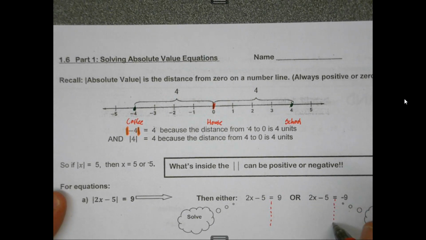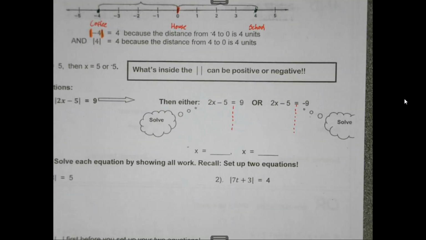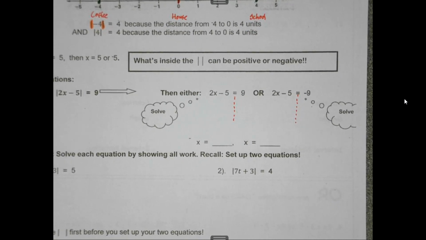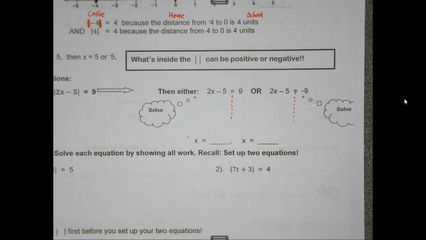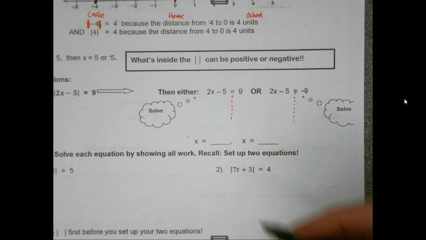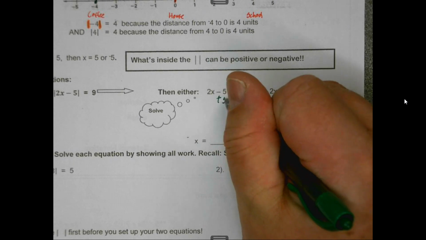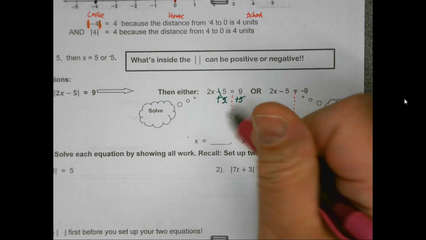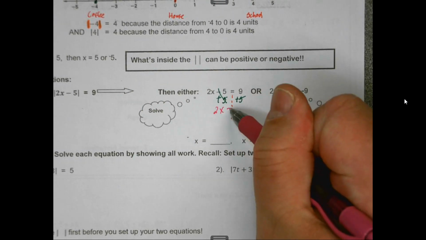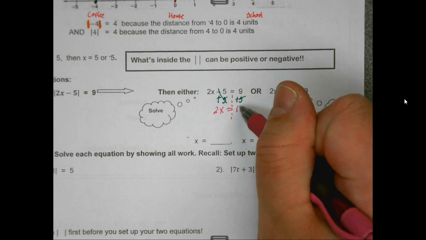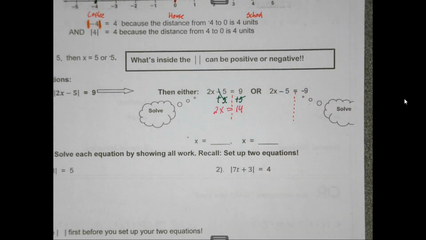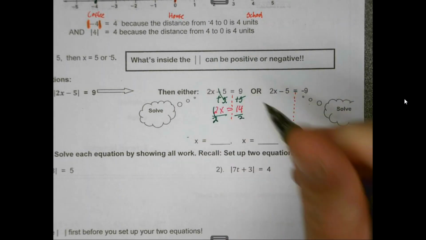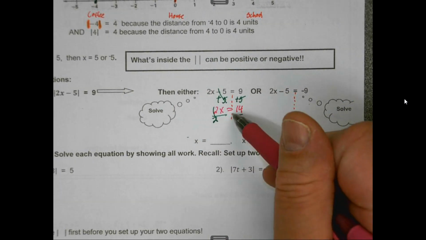Okay, so solve it just like a regular equation. Now this is equal, so we don't have to worry about flipping inequality signs here. So I'm going to add 5, add 5. I get 2x equals 9 plus 5, 14. Divide by 2. So x is going to equal, in this case, +7. Now, it might equal that over here.